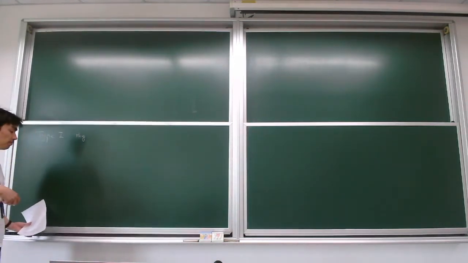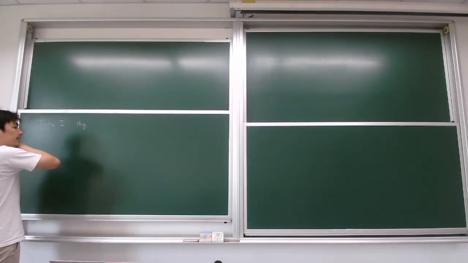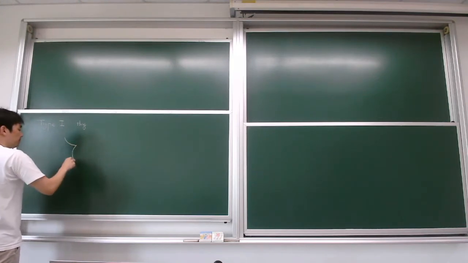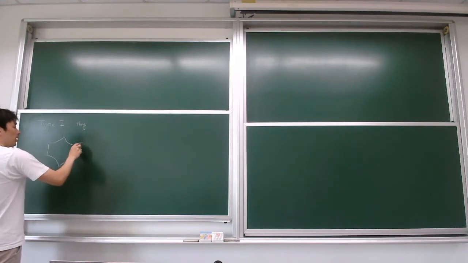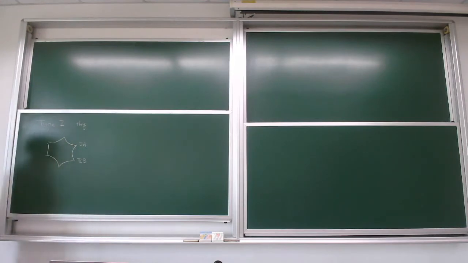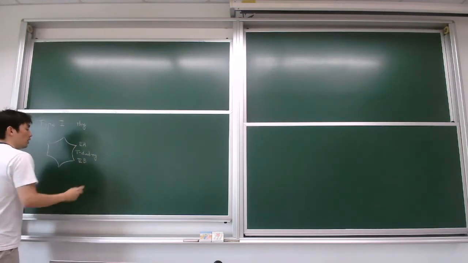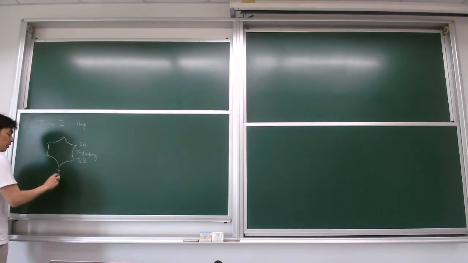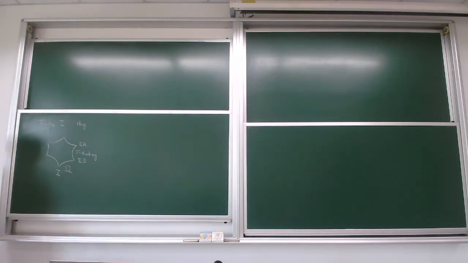So as I mentioned, there's type 2A, type 2B. So we introduced those and the related T-duality. And then today we'll introduce type 1, which is the orientifold projection, or schematically, omega, I'm going to use.